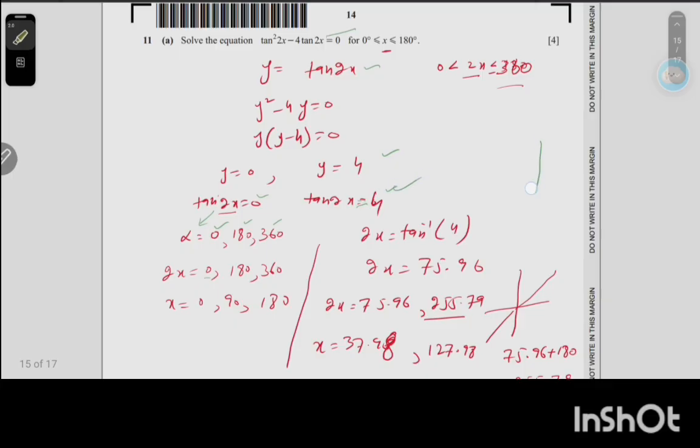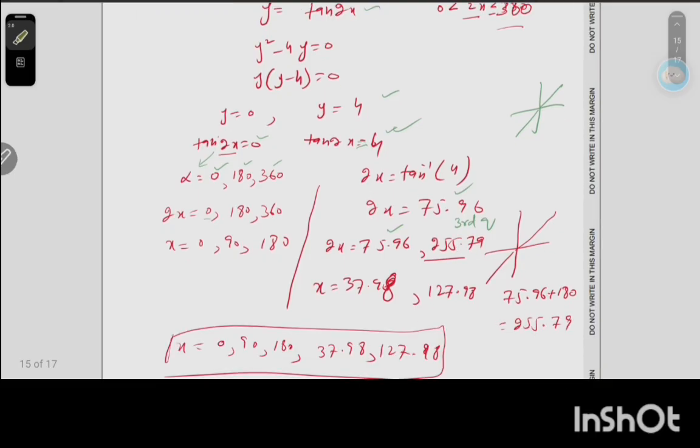Tan inverse of 4: tan is positive in the first and third quadrants. For the first quadrant, theta is 75.96, the same as it is. For the third quadrant, it will be pi plus theta, where pi is 180, so 180 plus 75.96.